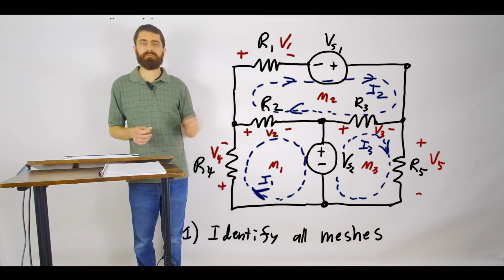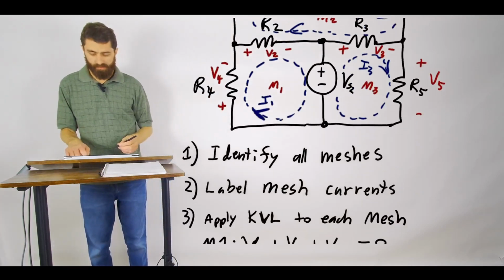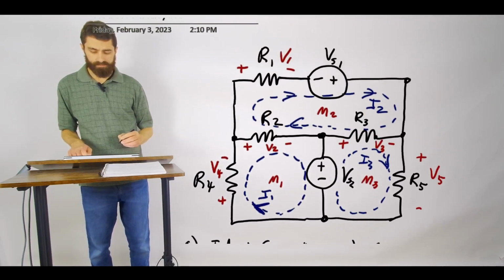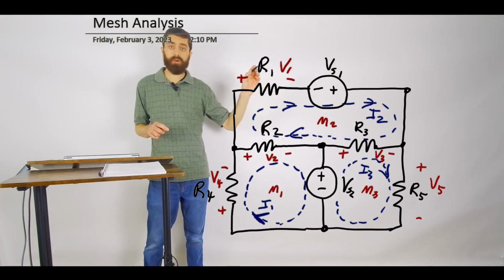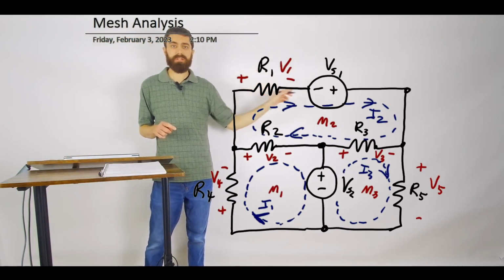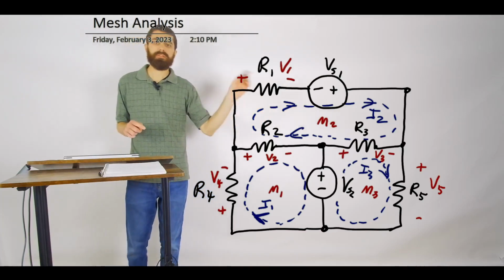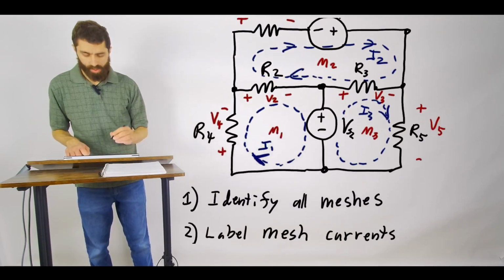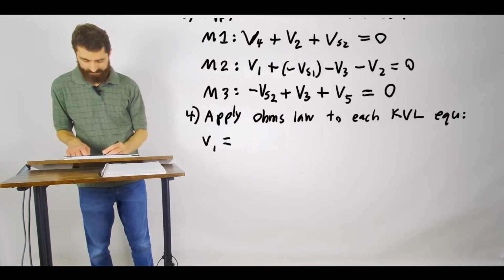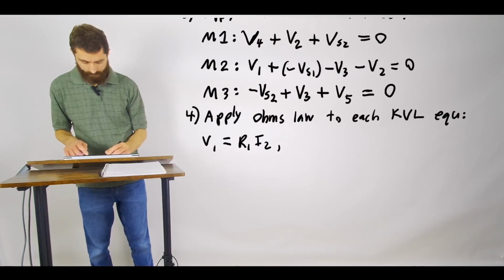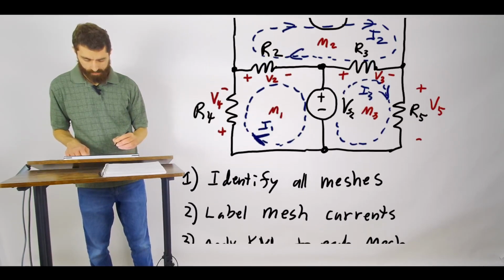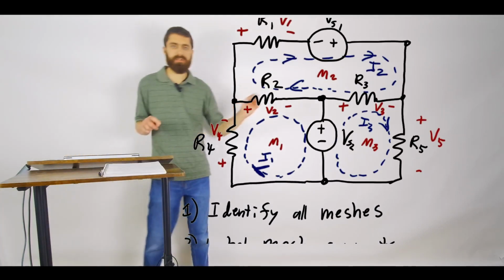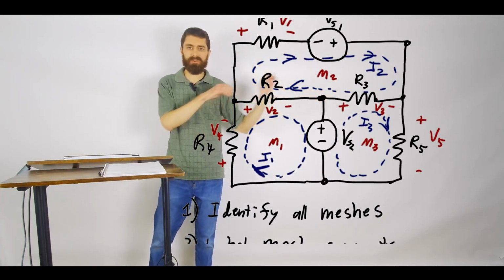Let's start with R1 or V1. We can say that V1 is equal to the current flowing through it times R1. What is the current? The current is I2, this mesh current I2. So R1 times I2. I'm going to do these two other resistors after the others because they're a little more tricky.